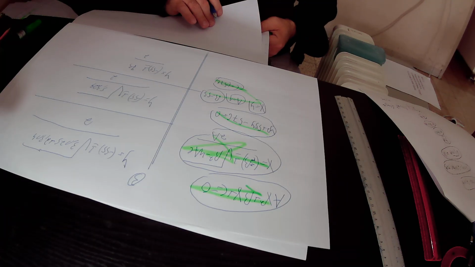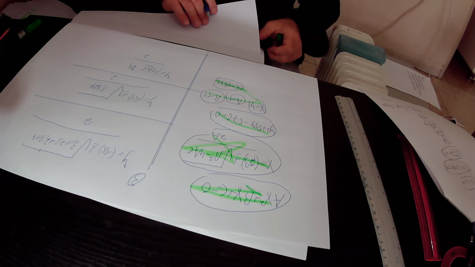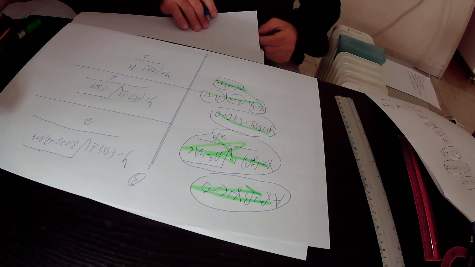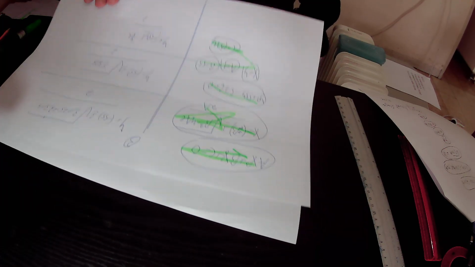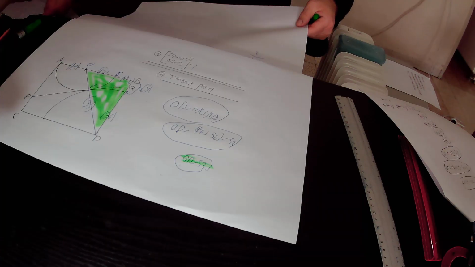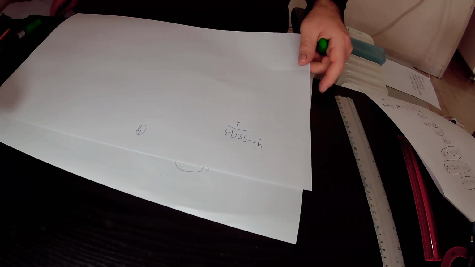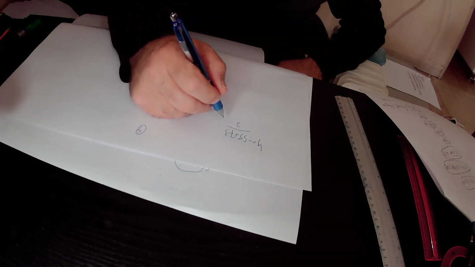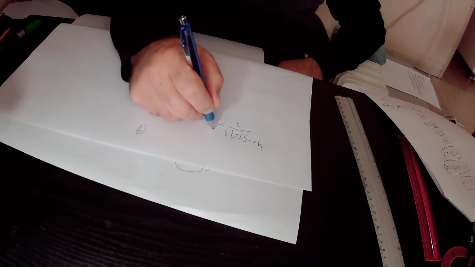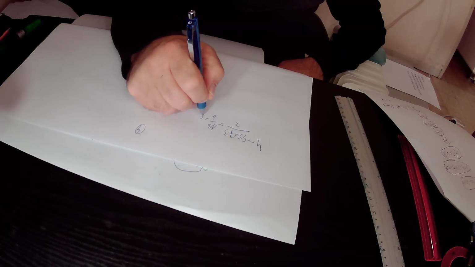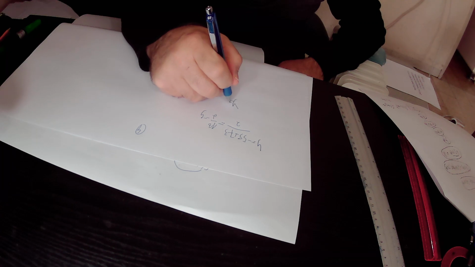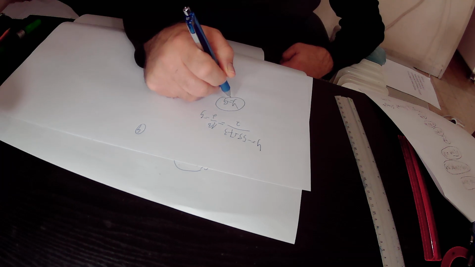This is the only possible solution for y because y is a length, and a length must be a positive number. So y equals minus 55 plus 73, that is 18. 18 over 2 is 9. So in total we found that y equals 9 units in length.